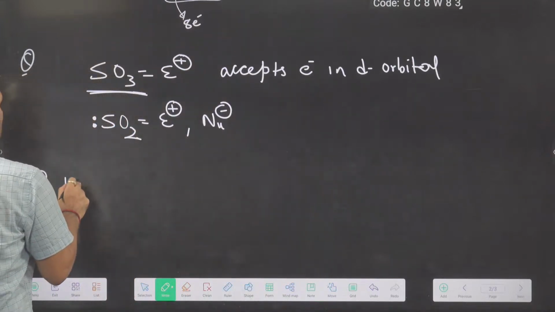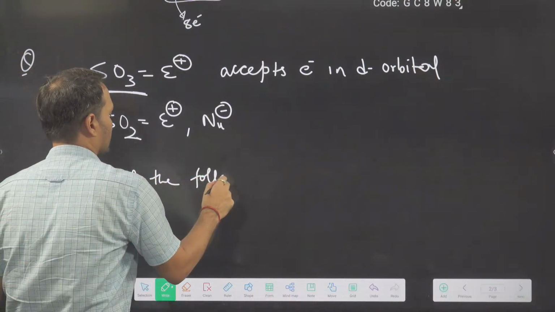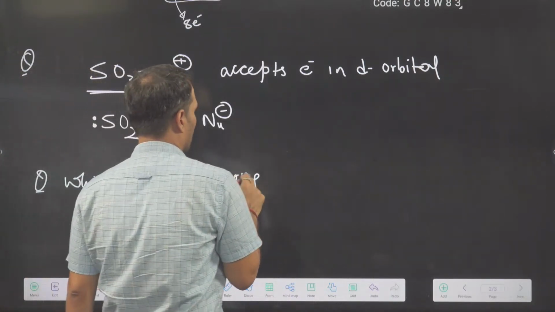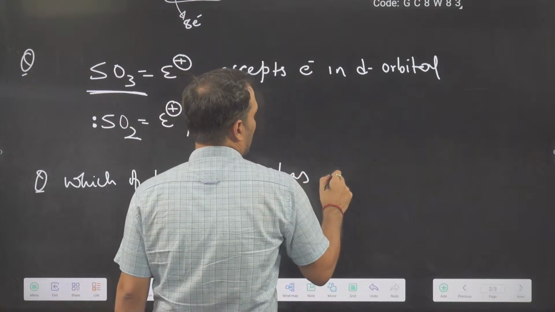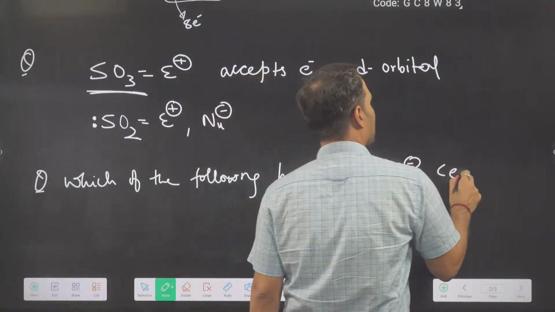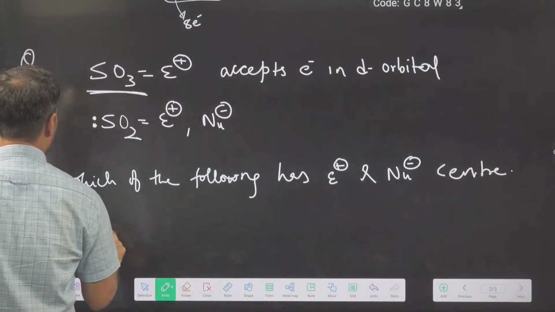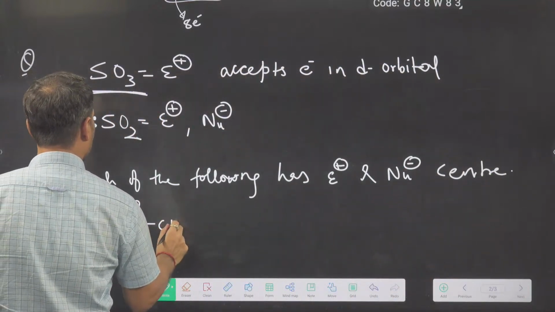It will come like this: which of the following has an electrophilic and a nucleophilic center? The options are like CS3, CO, CS3.